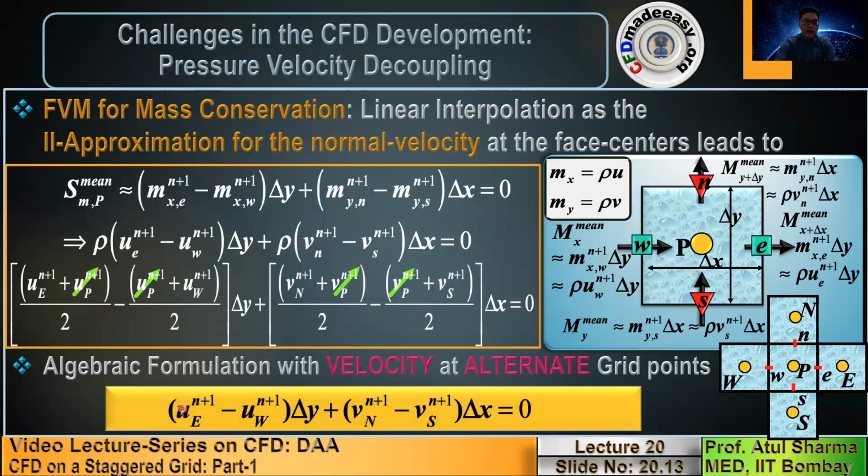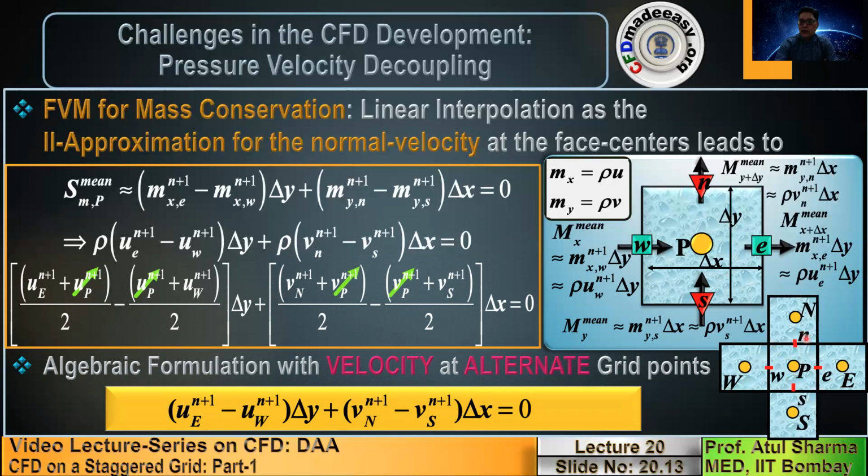Finally, you end up with an algebraic equation from the mass conservation equation, which consists of U capital E and U capital W, V capital N and V capital S. So when you apply the mass conservation law and come up with this algebraic formulation, you have applied the mass conservation law to a grid point or pixel P. But note that the equation you have obtained consists of the U velocities of capital E and capital W. It does not consist of the velocity of the same grid point.